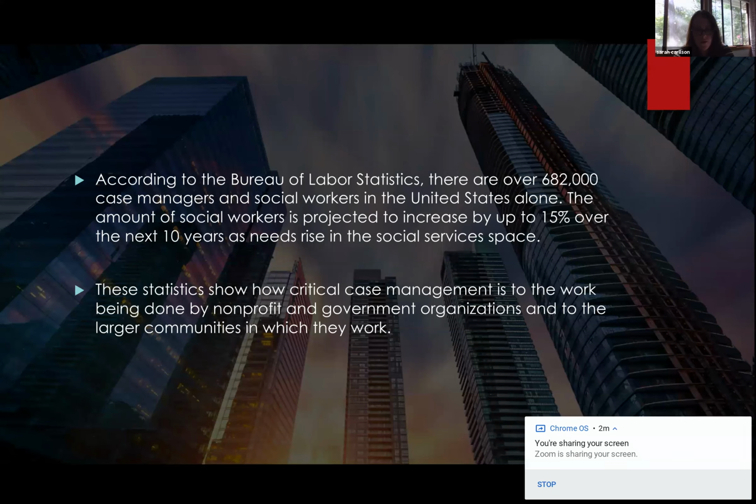Once you have a bachelor's degree, you are eligible to take this case management course. It's kind of expensive. I wouldn't recommend doing it unless you know that you need it for your job. Case management in the private sector is more likely to require this certification versus community-based case management.